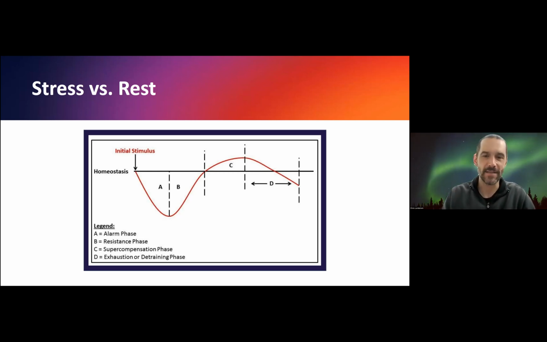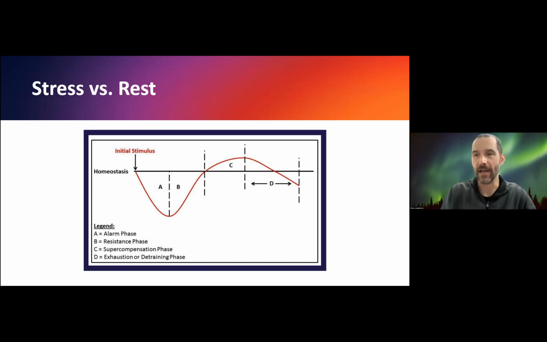So that process takes some time. You can see the red line traces your sort of ability to perform exercise. And it doesn't matter the type of exercise, could be a long endurance effort, could be a strength training session. But the idea is we get into that section labeled C there, which is super compensation, where you're now at a higher level than you were before you did the workout in the first place.